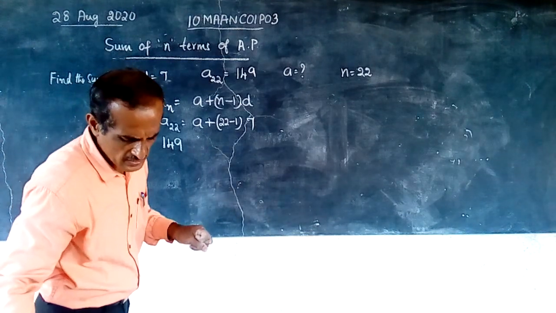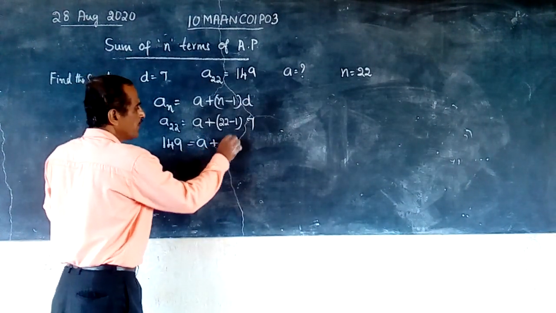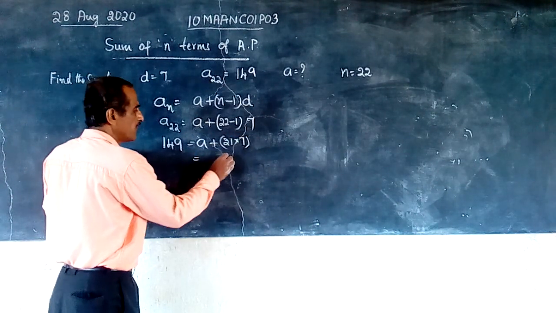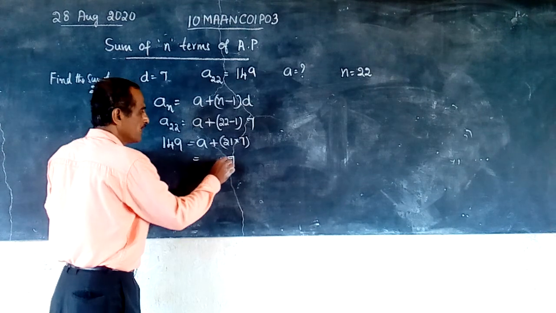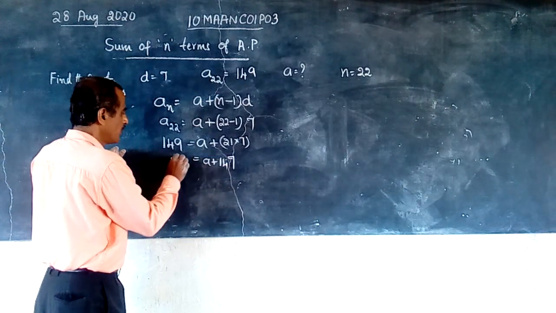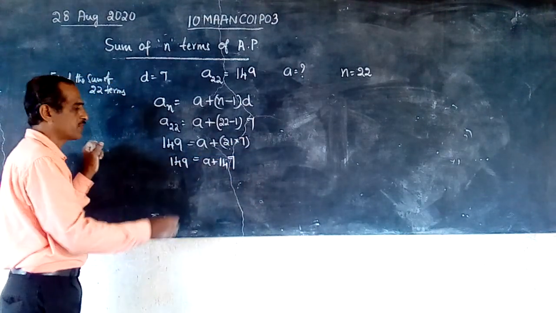So 149 is equal to a plus 21 into 7. 21 into 7 is 147. So 149 is equal to a plus 147.